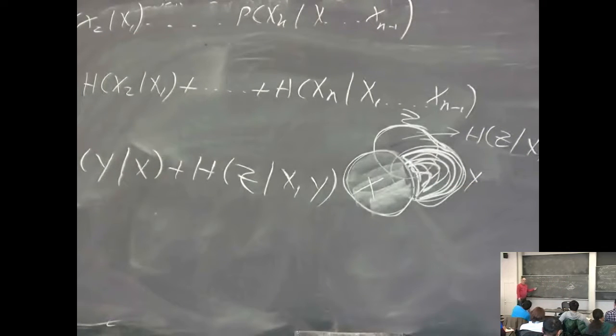So it's just an easy way to think of this calculus of entropy, that you can break it down, and of course the chain rule could be applied in any order.